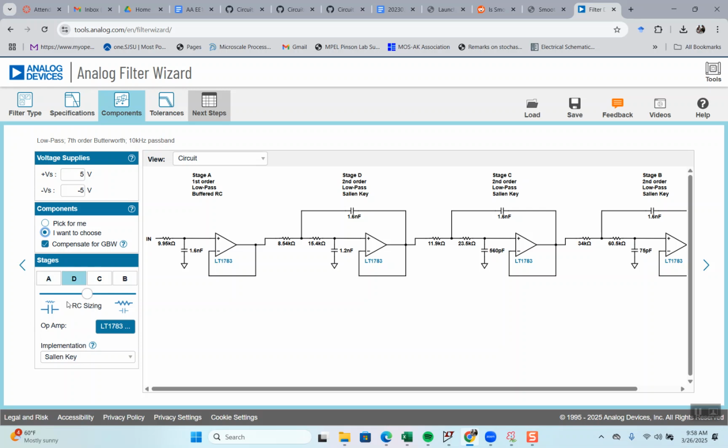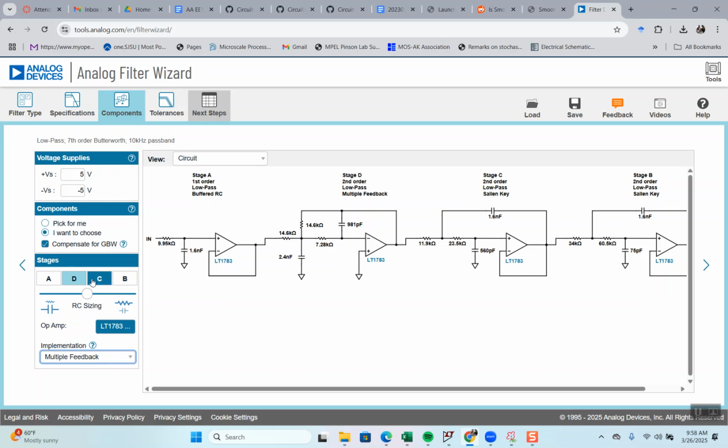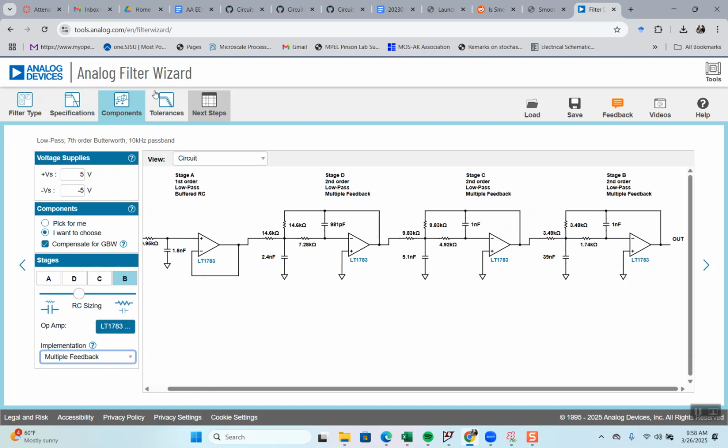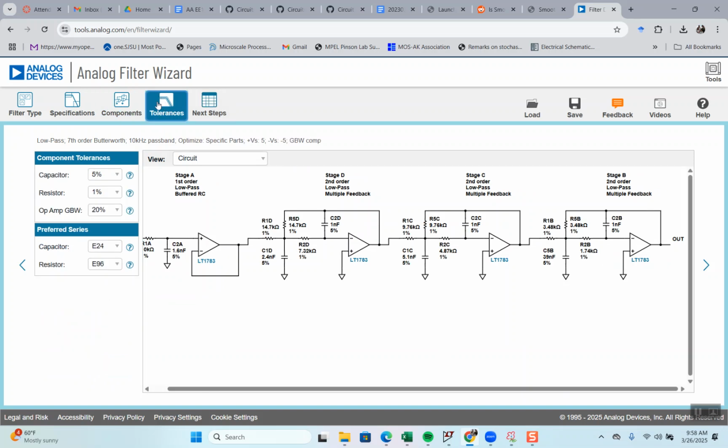All right, stage D, Sallen and Key or multiple feedback. No, I'm just making this up, right? But then you should, so tolerances. So now, like, what resistor should you buy? Next steps.